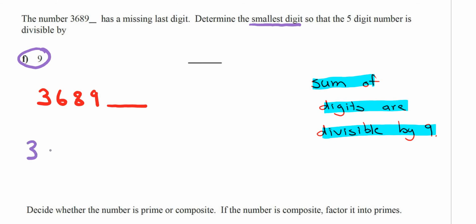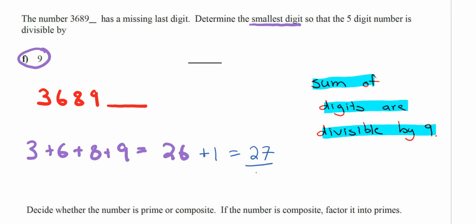Right now we have 3 plus 6 plus 8 plus 9, that gives you 26. So what do you have to do to 26 so that it is divisible by 9? Well, let's just add one more to it. If I add 1 to it, it becomes 27, and 27 is definitely divisible by 9 because 27 divided by 9 is 3. So this will be my last number here, which is a 1.